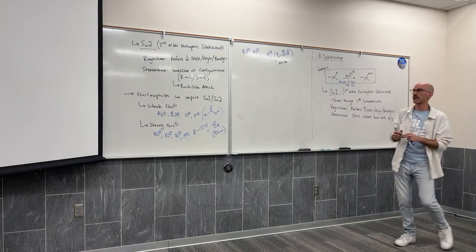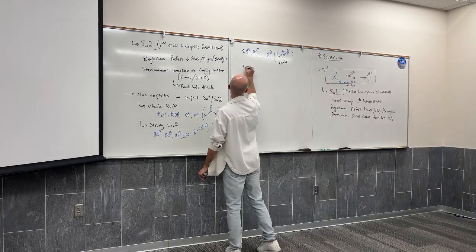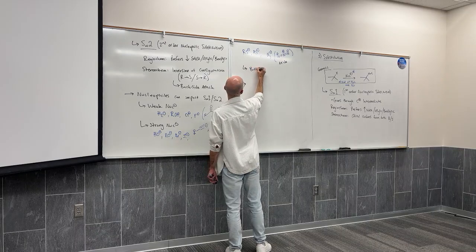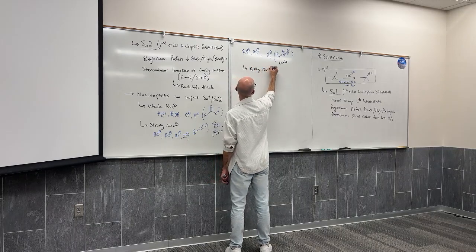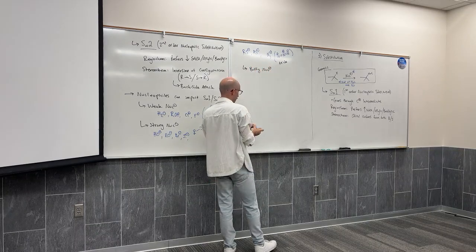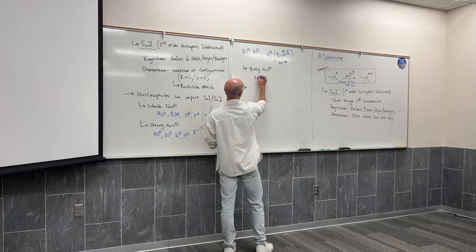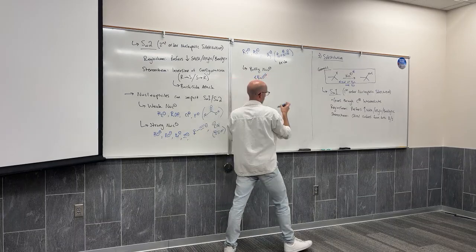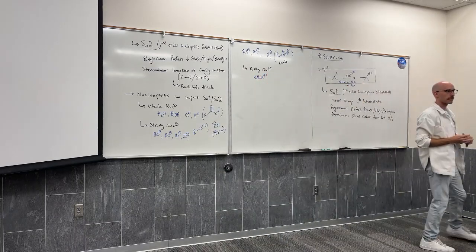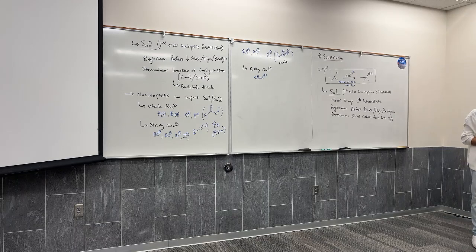The last category that we can describe here are the bulky nucleophiles. You're never going to believe it. It's just tert-butoxide. So tert-butoxide is not a good nucleophile, unlike all of the other RO minuses.